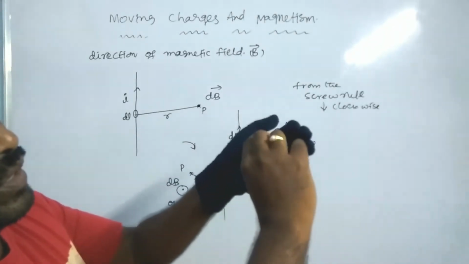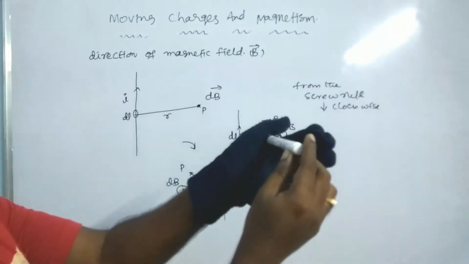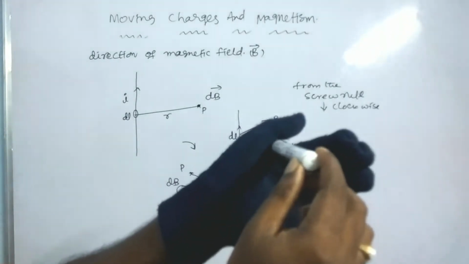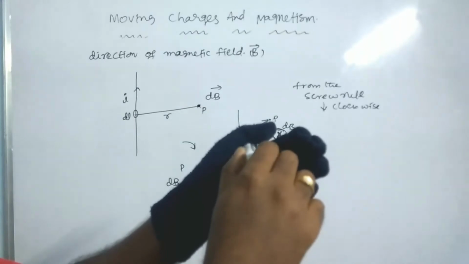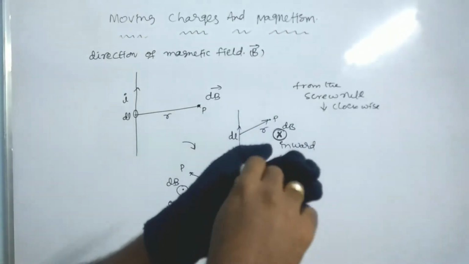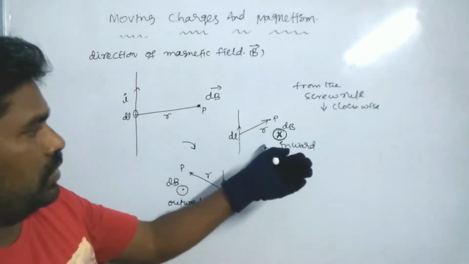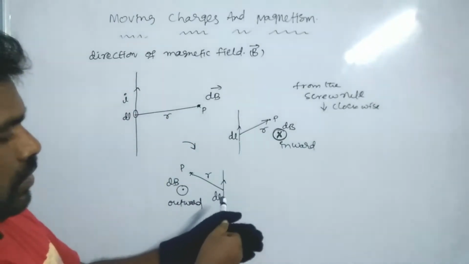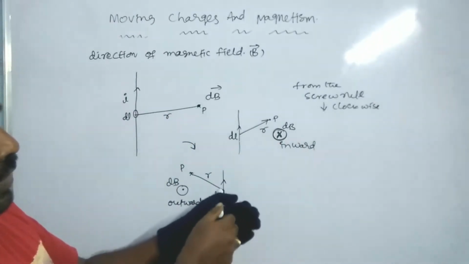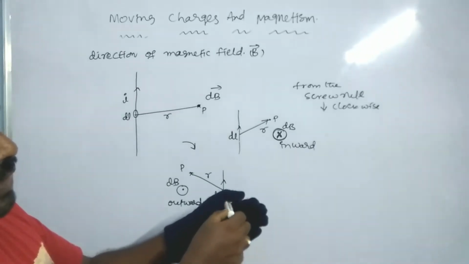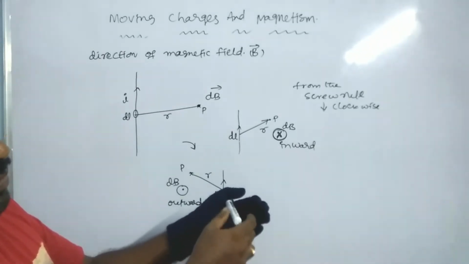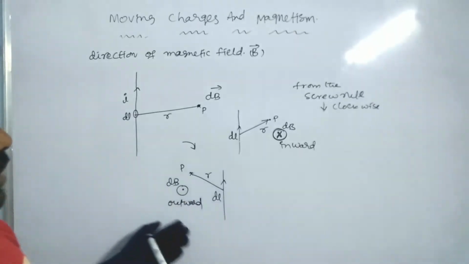So inward means in the clockwise direction. So this is the clockwise direction, then it penetrates, it means inward. In the anti-clockwise direction, it will come outside, that is outward.